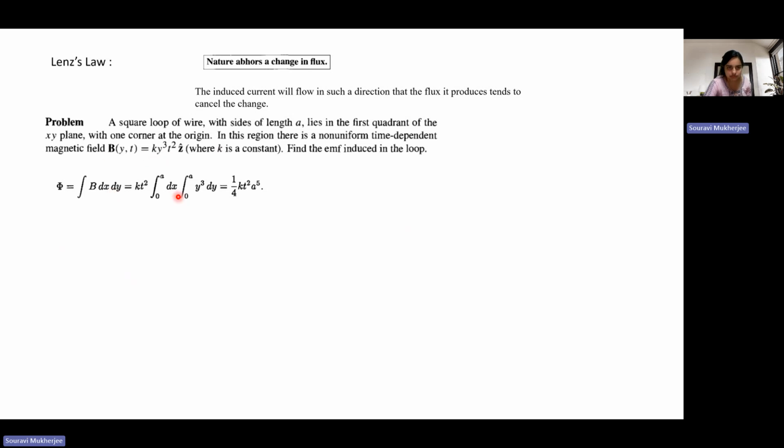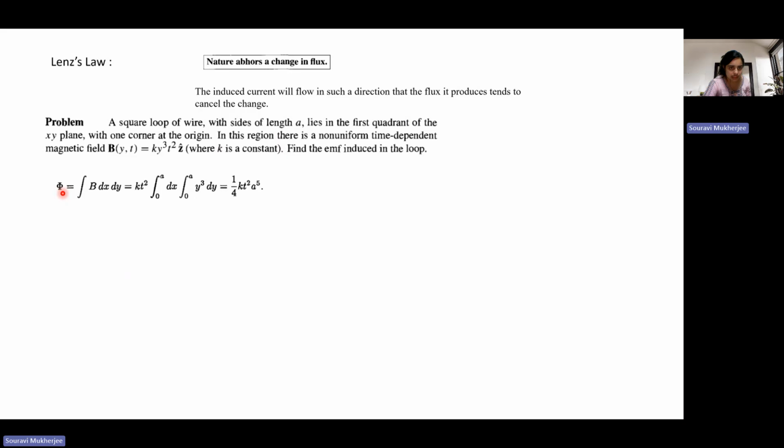The sides are of length A, so x and y both range from 0 to A, and then you do this surface integral. If you do the integral, this is what you get. So this is your expression for phi.